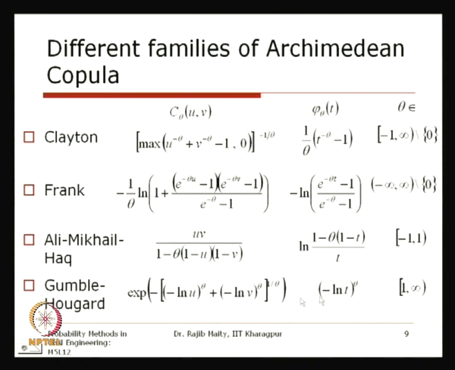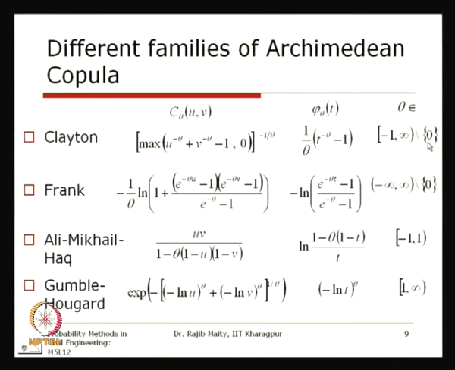So only positive dependence can be modeled, starting from 1 and not even from 0. For Ali-Mikhail-Haq the range is narrow but includes 0. For Frank it is the widest, from minus infinity to plus infinity, but 0 is excluded. For Clayton it is minus 1 to plus infinity, again with 0 excluded.